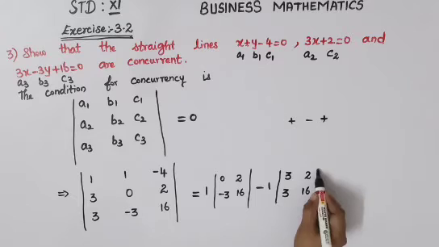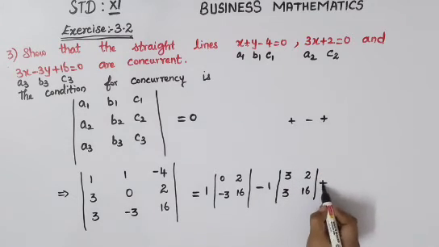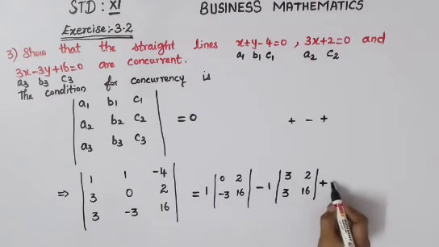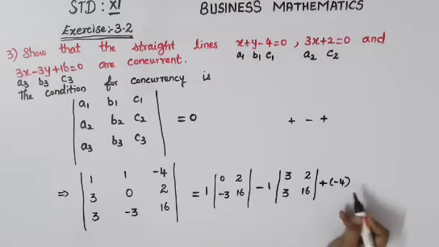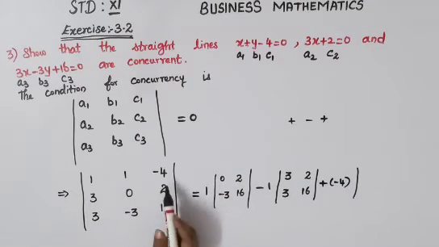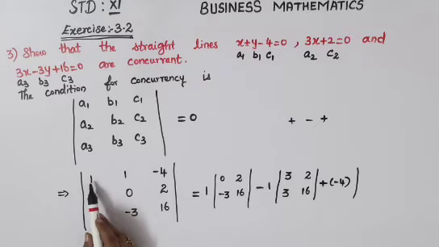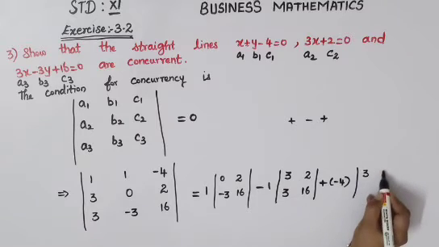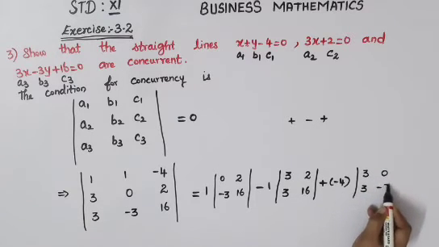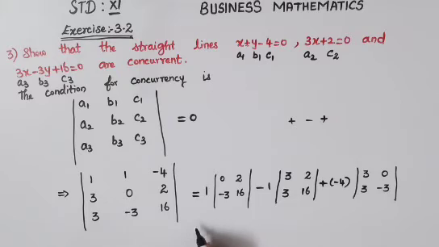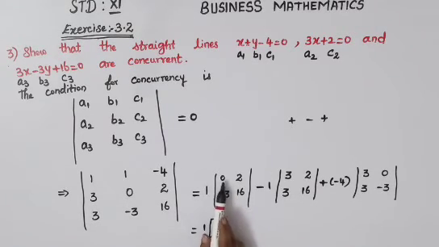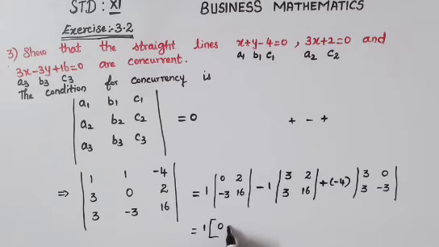Then plus is there, so give plus. You've got minus 4; put that minus 4 in a bracket. Then the minor of minus 4 you'll have to find. Removing the corresponding row and column, you'll get 3, 0, 3, minus 3. Now solving these, this is all you would have done in your matrices. 0 into 16, you'll get 0.